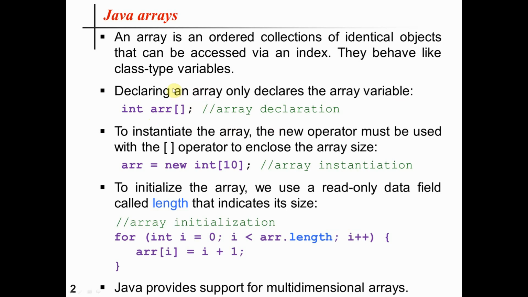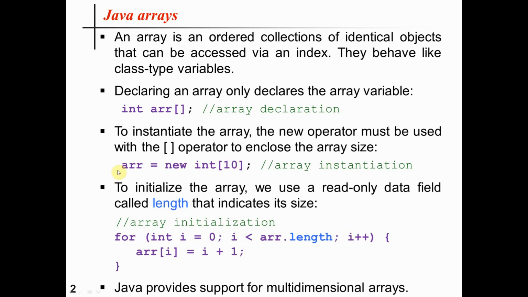Then comes the instantiation part. To instantiate the array, we have to use the new operator with the help of the square brackets to enclose its size. Now you can put the array size as an input, or you can provide any particular value here. For example, I have used the value 10.